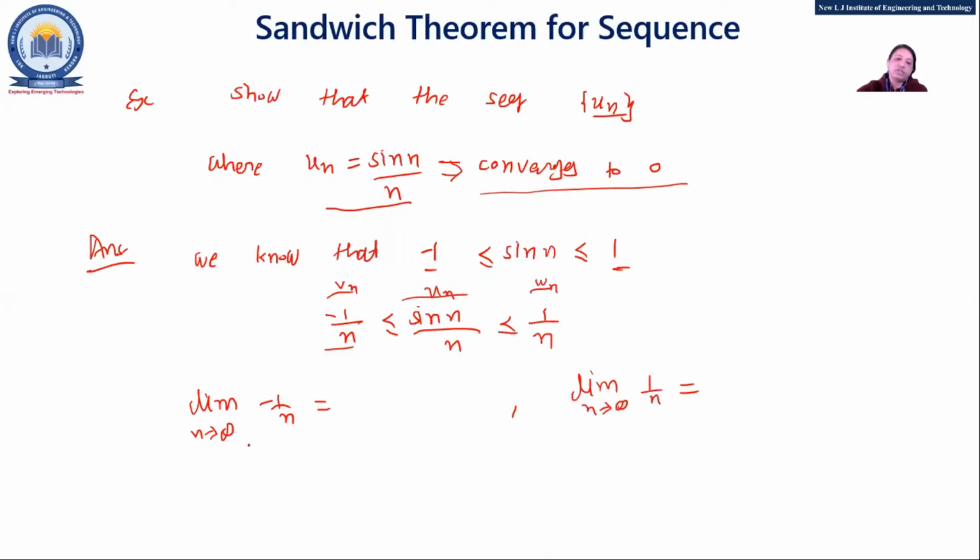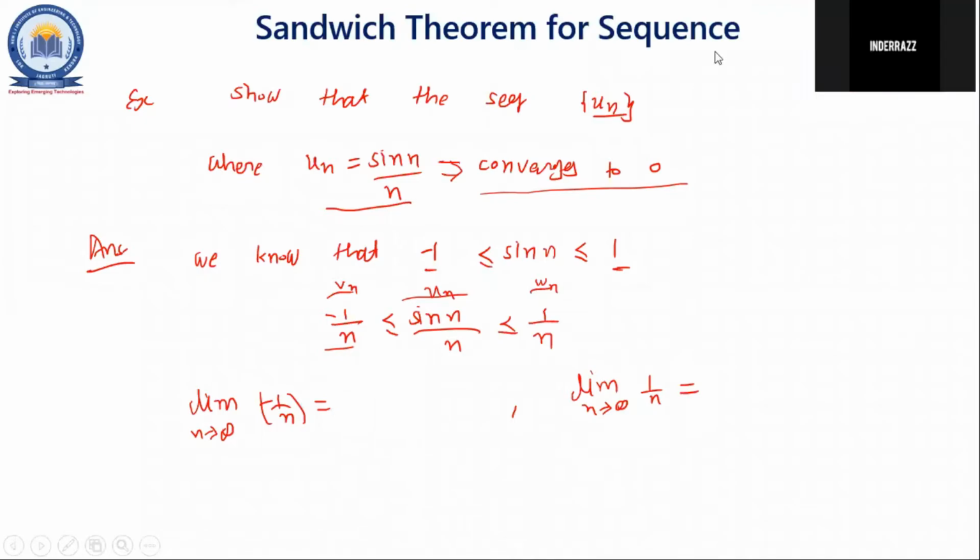What should be the answer for this? If you put n equal to infinity directly into this, what will you have? 1 upon infinity. You can write down meanwhile into the chat box.